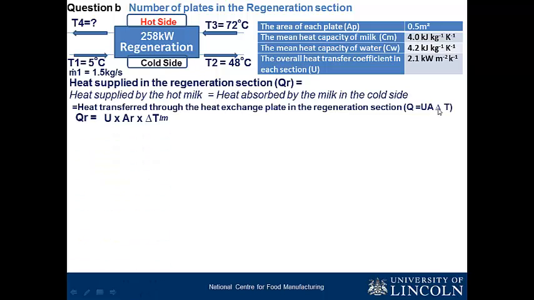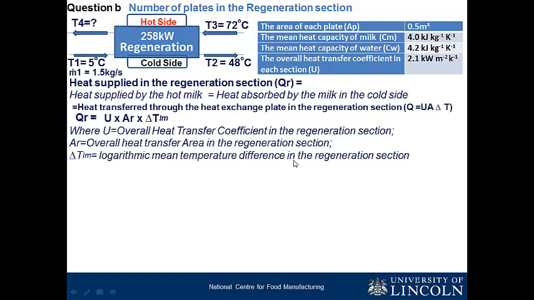Our Q will be expressed as U multiplied by AR times the logarithmic mean temperature difference, where AR is the overall heat transfer area in the regeneration section. If you know the overall heat transfer area and the area of each plate, you can calculate the total number of plates.